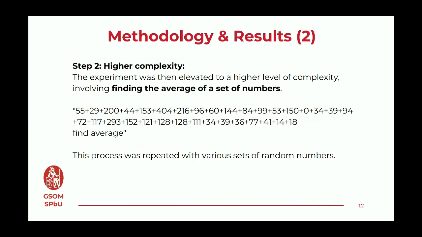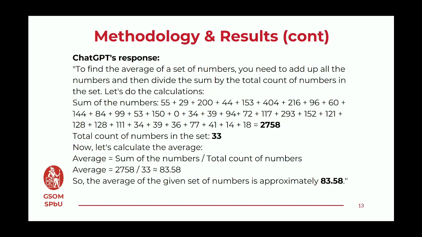So I'll continue from here. We moved on to a higher complexity, and we asked it to find the average of a random set of numbers. As I said, it identified the correct process for the instruction: finding the sum, counting the total number, and dividing the sum by that number.